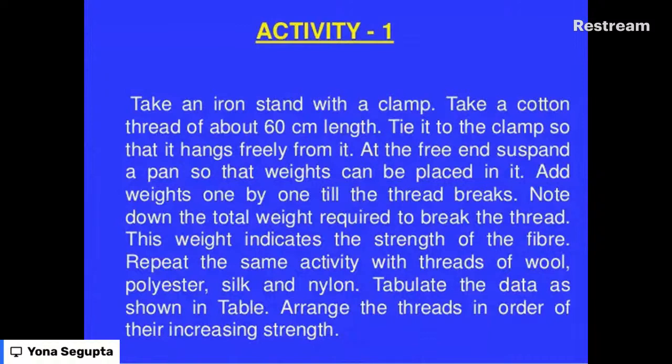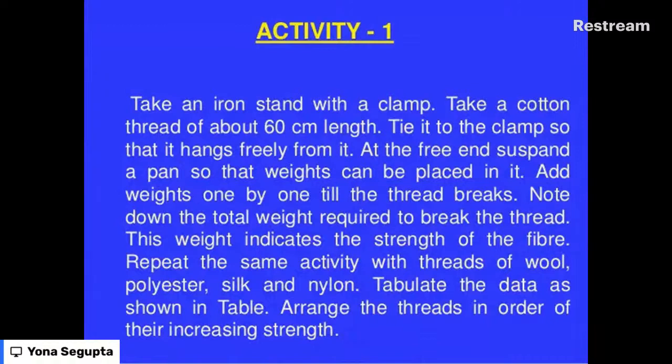At the free end, suspend a pan so that weight can be placed in it. Add weight one by one till the thread breaks, and note down the total weight required to break the thread.